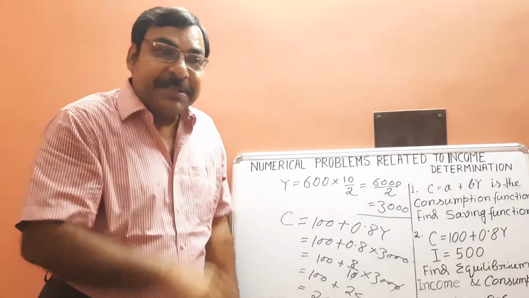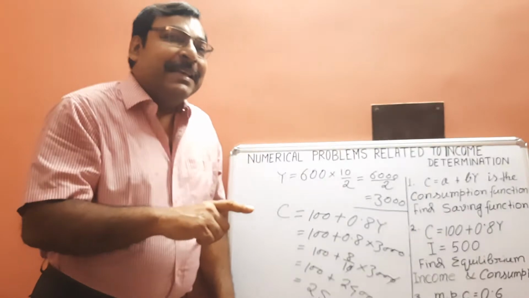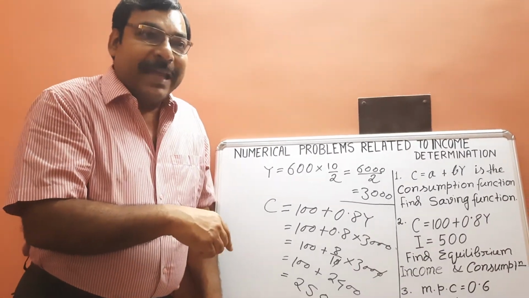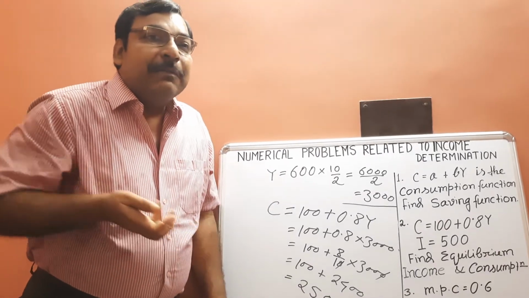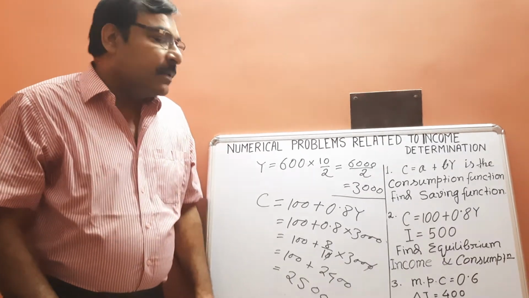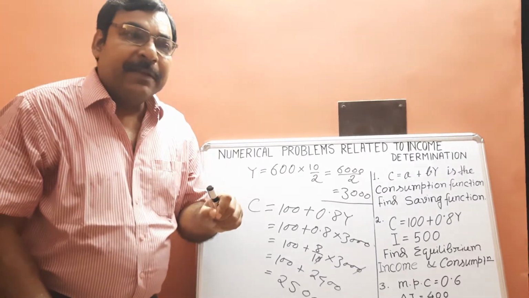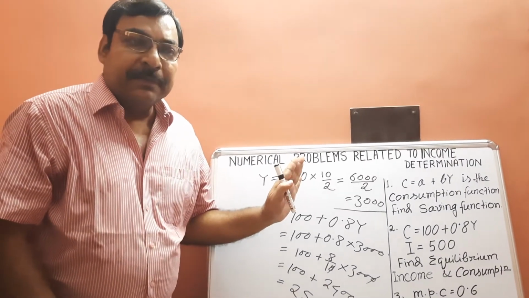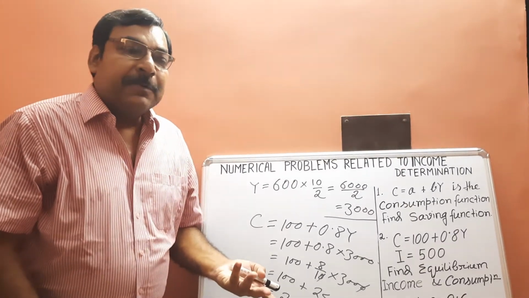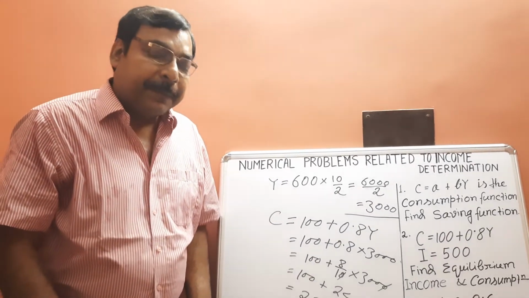So if the saving function is given, instead of writing AD equals AS, you can write S is equal to I. Then you use the value of S that is given to you and solve the value of Y. So I repeat, if the consumption function is given, then you will start with AD equals AS. But if the saving function is given, you need not start with this equation, because saving investment equality is also an equilibrium condition. So write S is equal to I, and from that you can find the value of equilibrium income.